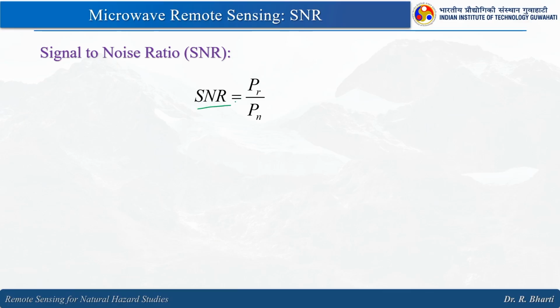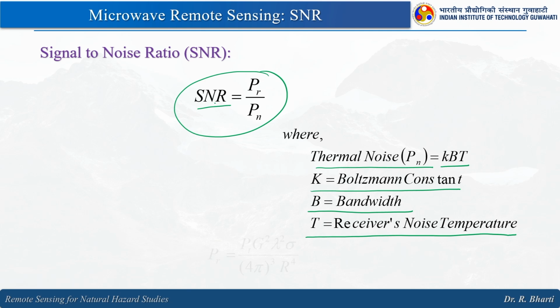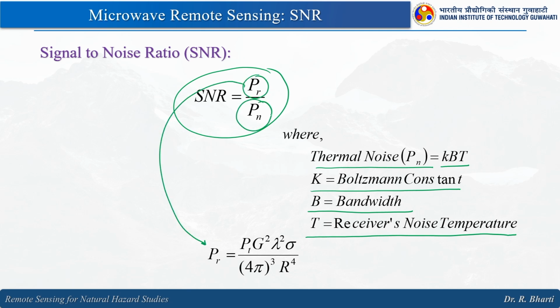Here we calculate the thermal noise, PN, using KBT, where K is the Boltzmann constant, B is the bandwidth, and T is the receiver's noise temperature. PR, which we used earlier, is referred to here. In this equation PR can be calculated using the earlier expression and PN using this KBT.